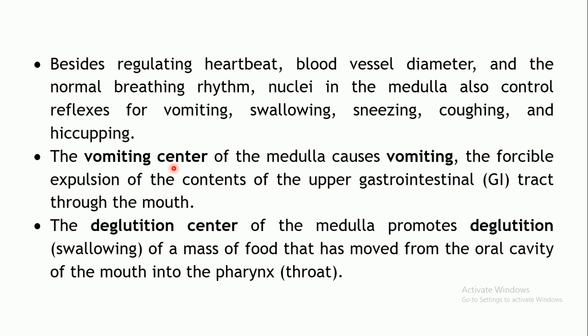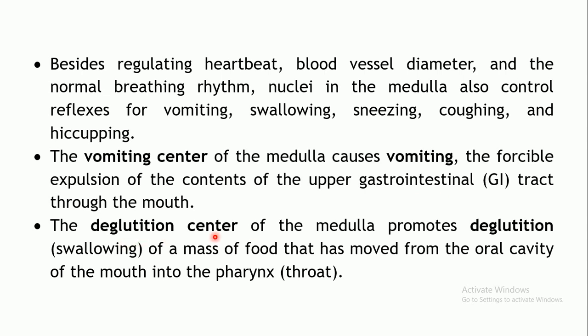So the vomiting center which is present in the medulla causes vomiting if it is stimulated. The CTZ, that's the trigger zone. Any drug or any substance which is present in your blood can gain easy access to this vomiting center. It can be stimulated to initiate the vomiting reflex, the forcible expulsion of the contents of your upper GI tract through the mouth.